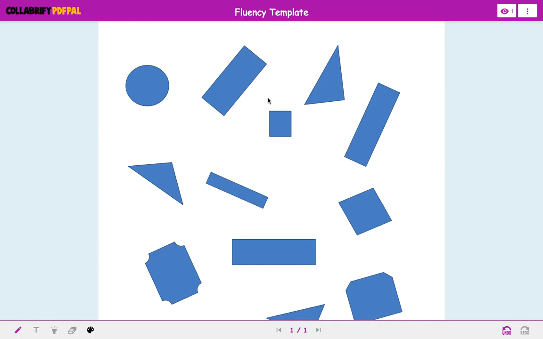Can anyone tell me why? Right. It has 4 sides, 4 corners, and all of them are straight lines. Is this a rectangle?